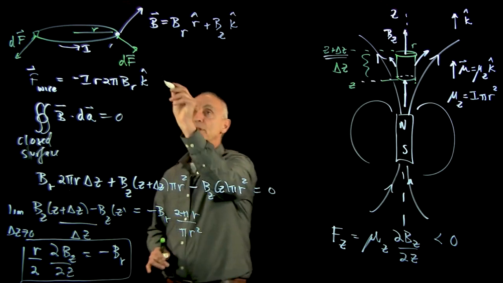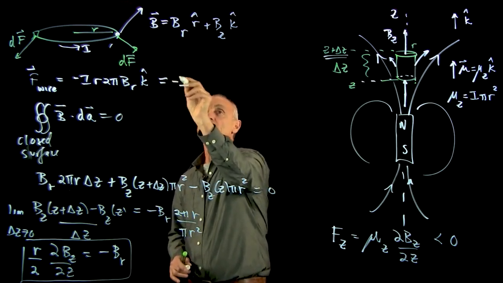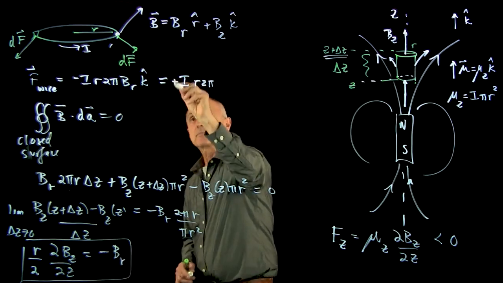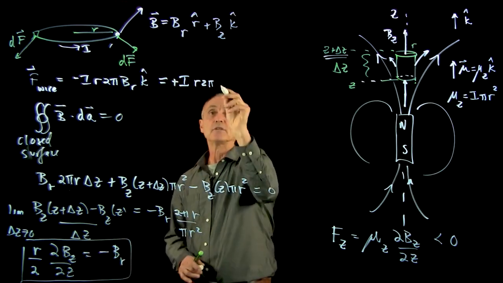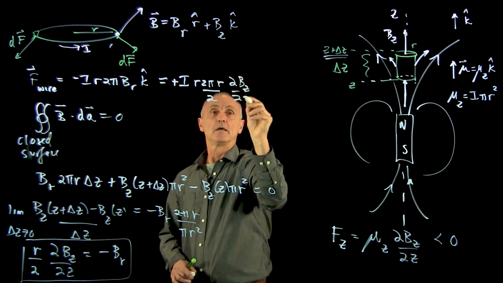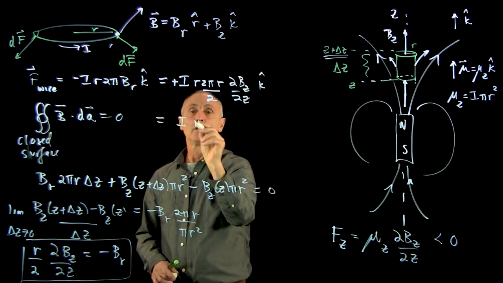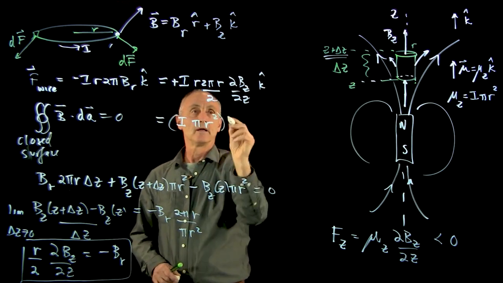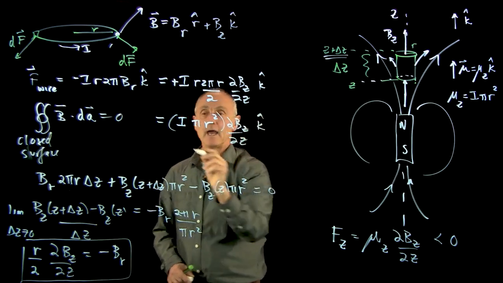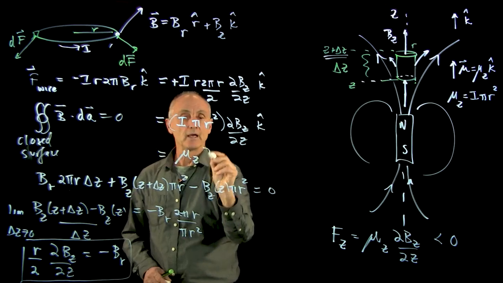And now let's apply that to our force. So we have minus I r 2 pi Br. Now we relate. It becomes a plus because of that minus sign, r over 2 dBz/dz k hat. And we can write that as I pi r squared times dBz/dz k hat. And you'll recognize this first piece as the magnetic moment.